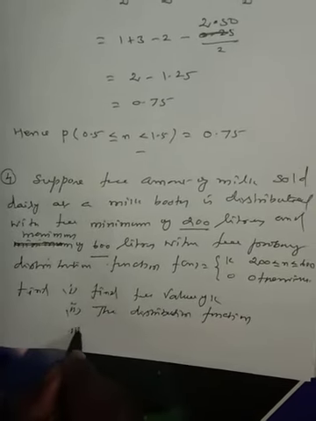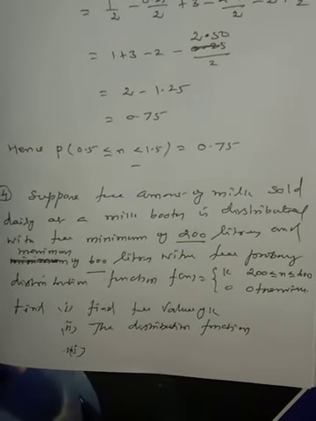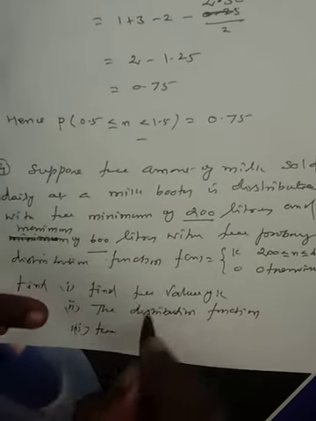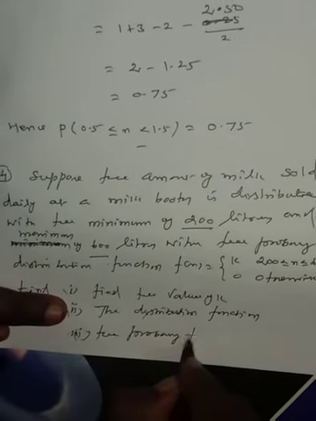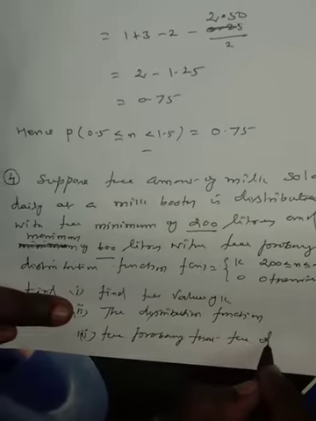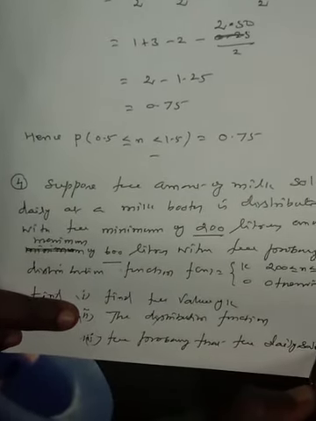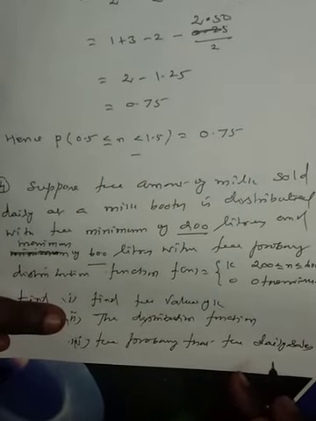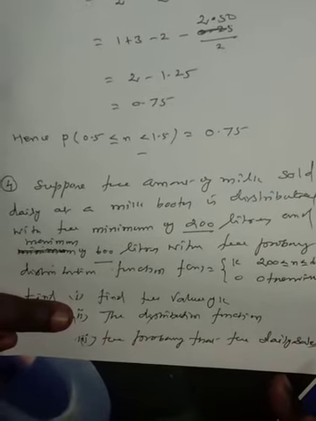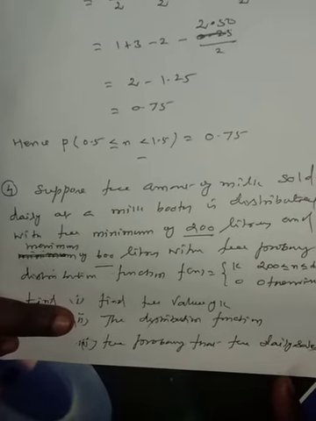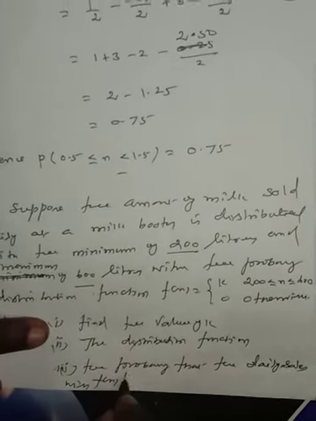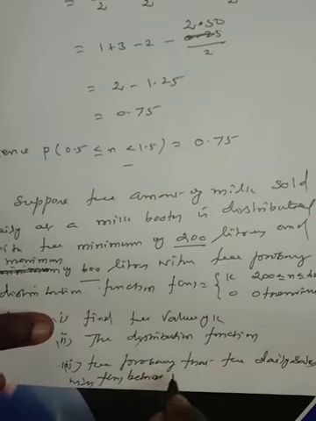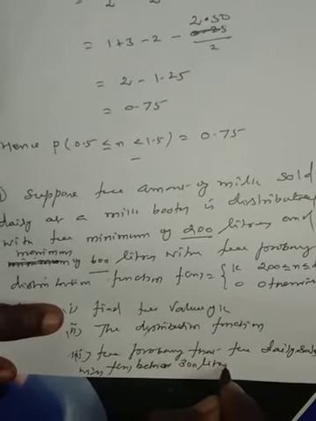Number 3, the probability that the daily sales are between 300 liters and 500 liters.